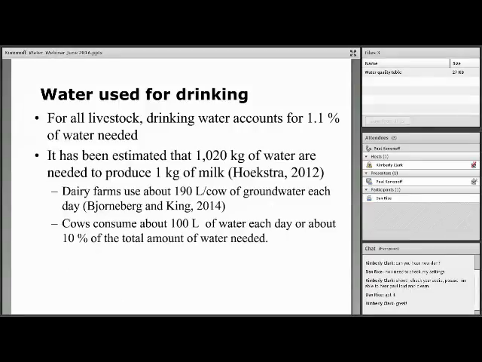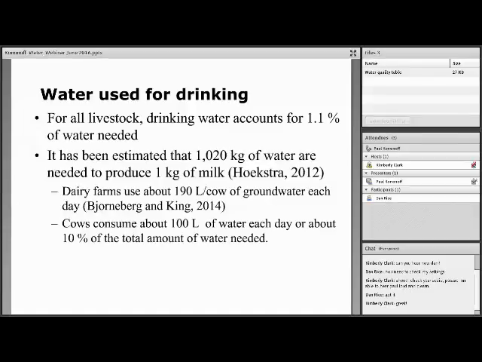In general, for all livestock, the total drinking water that an animal consumes is approximately 1% of the total water needed by those animals. It's been estimated, and you saw that on the previous figure, that you need about 1,000 kilograms of water per 1 kilogram of milk, and that dairy farmers actually use in total about 190 liters of groundwater per cow each day.